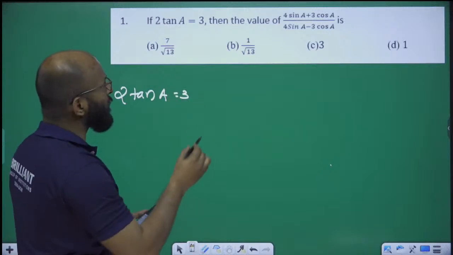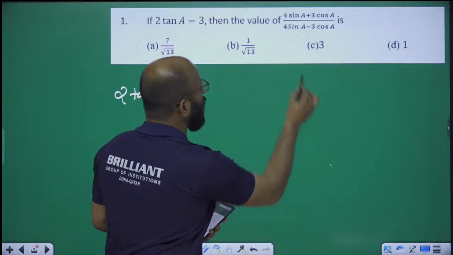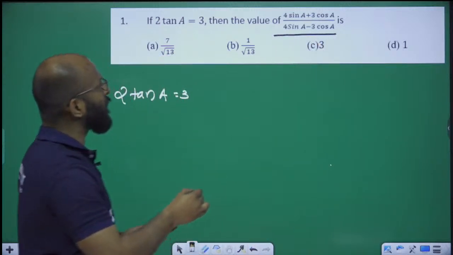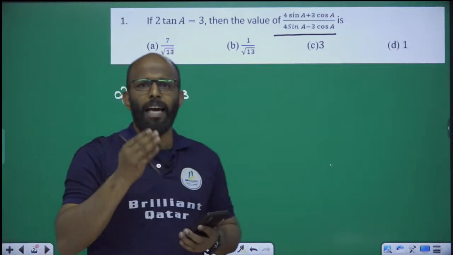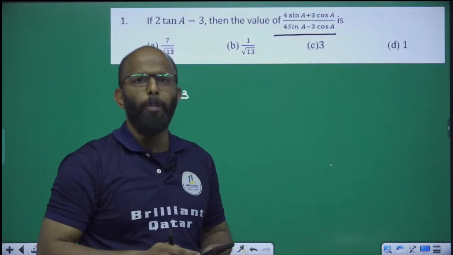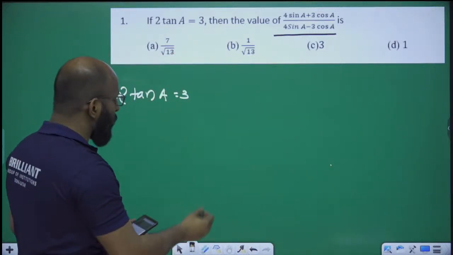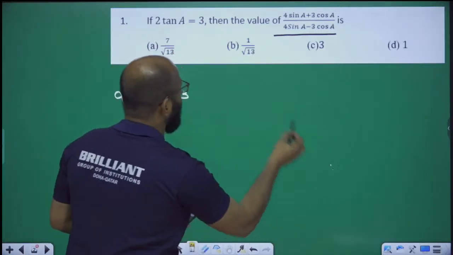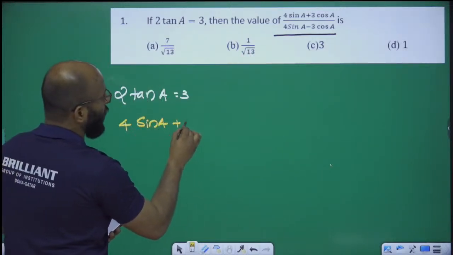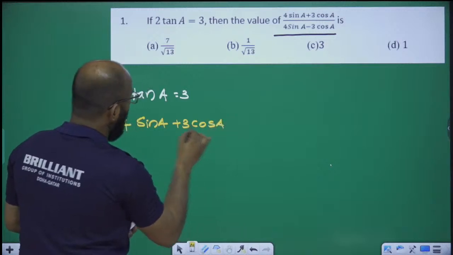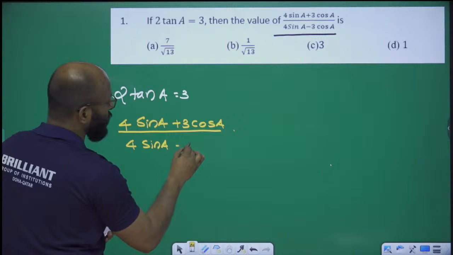Look at the required expression. There are sin A and cos A in it. If you divide both numerator and denominator by cos A, you can convert this expression in terms of tan A. The required expression is (4 sin A plus 3 cos A) divided by (4 sin A minus 3 cos A).